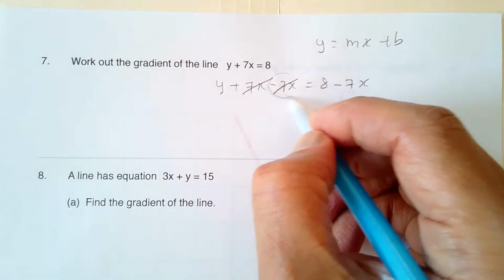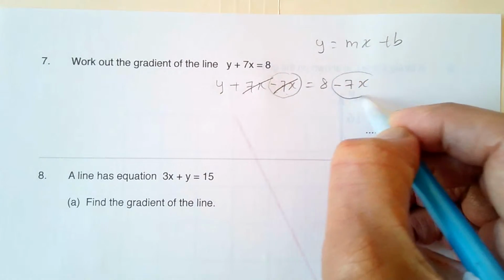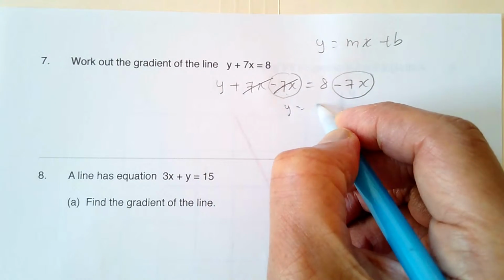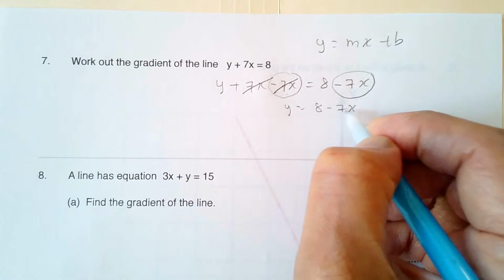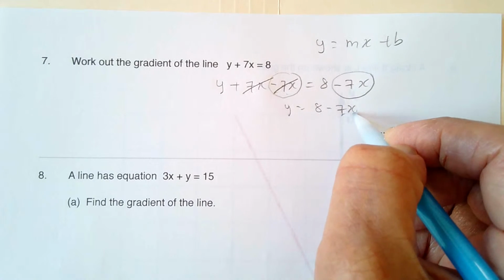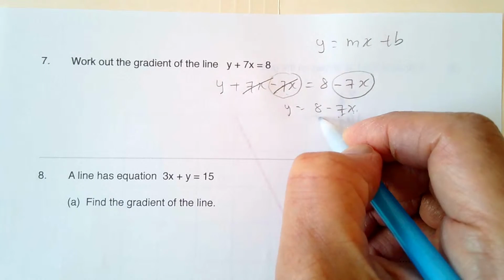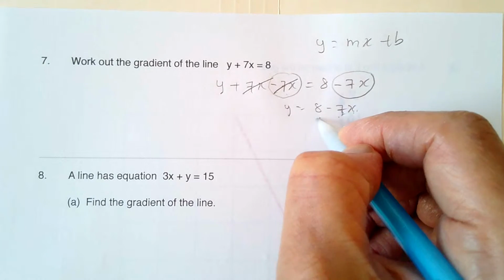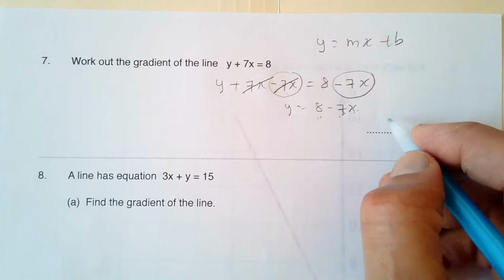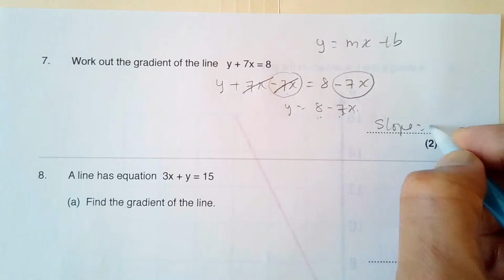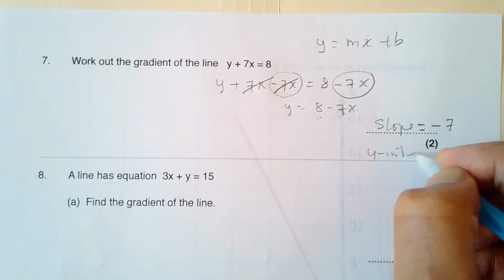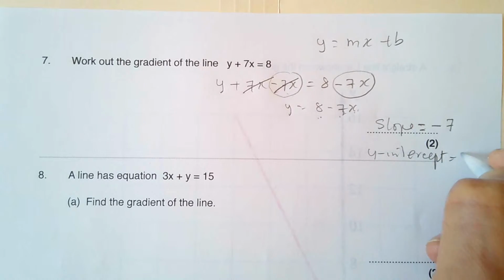But whatever I do on one side, I do exactly the same on the other side. So I'm left with y is equal to 8 minus 7x, because this is in front of the variable x. This is my slope, so -7 is the slope, and 8 is your y-intercept. The slope here is -7, and the y-intercept equals 8.